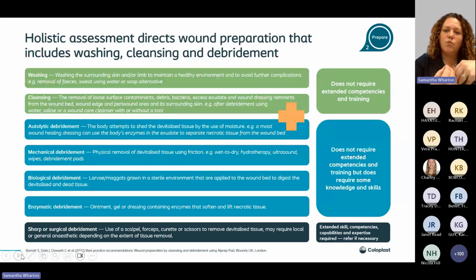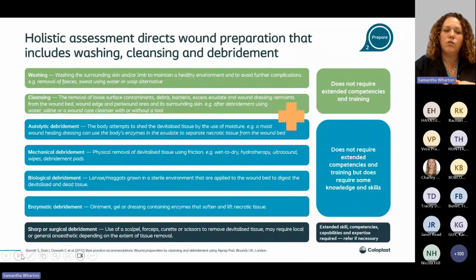But then you move on to the more effective modes of cleansing and debridement. So you've got autolytic debridement, where you're creating that moist wound healing environment for the body to naturally break down and remove that dead devitalized tissue. It can sometimes be quite a long process, but for some patients it's the best process for them.